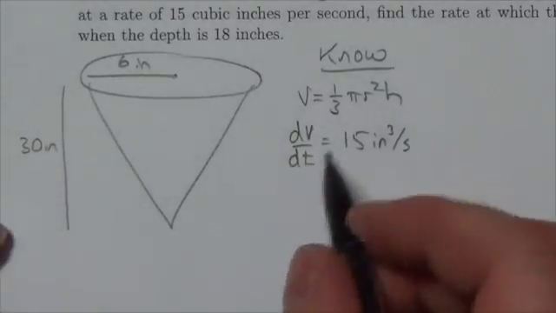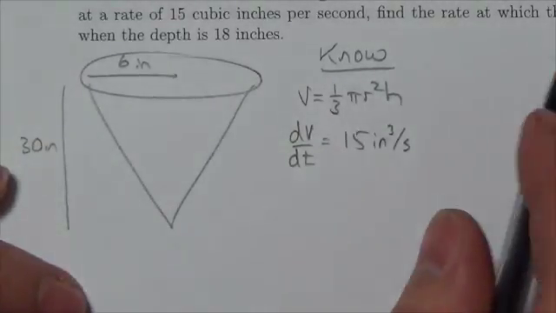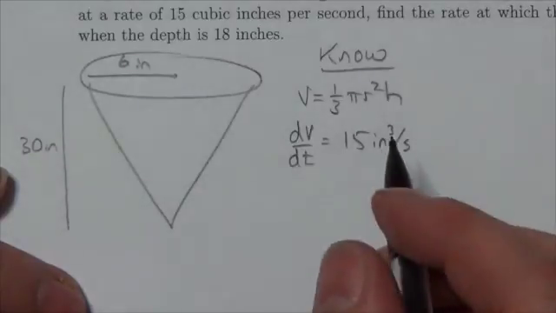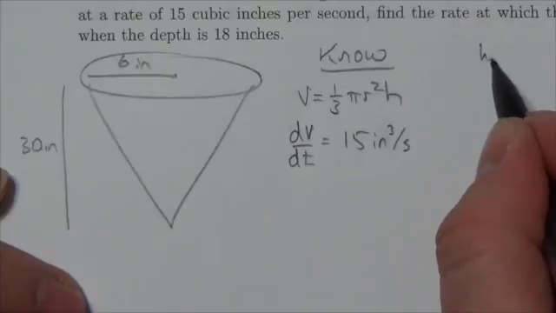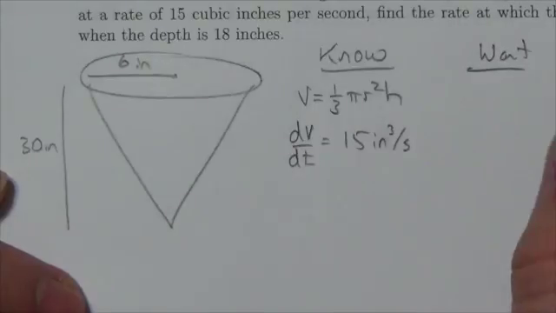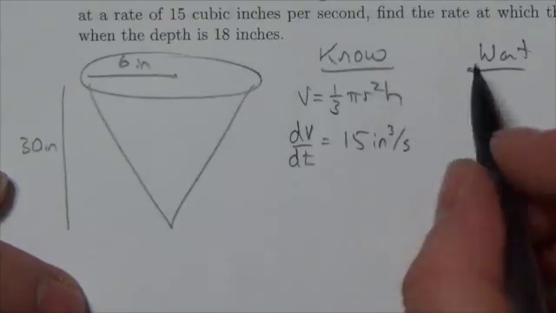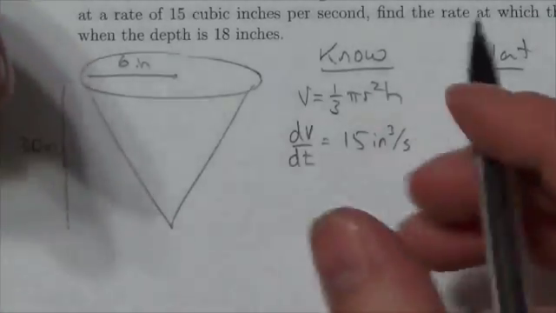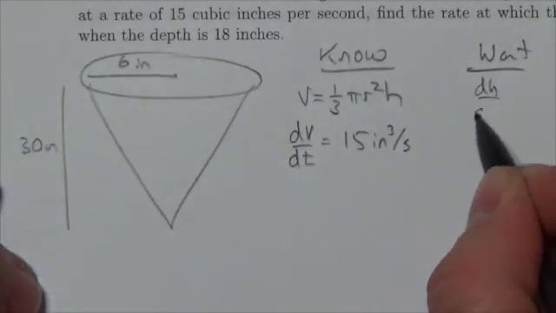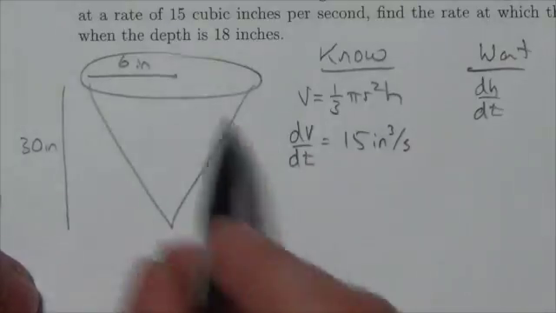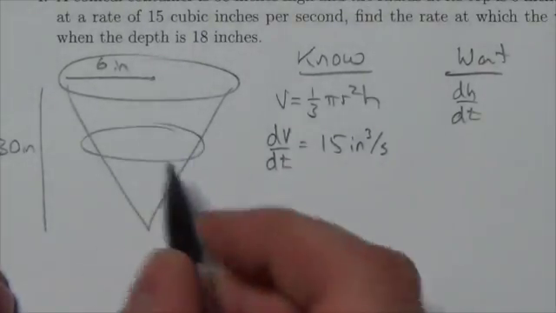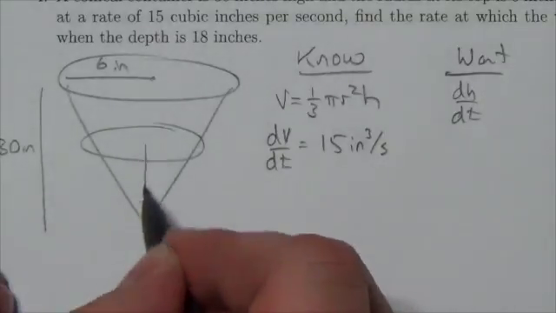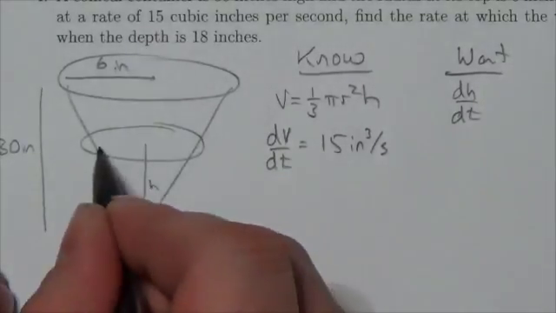Okay, what else do we know? We are given a specific instance here where the water's depth is 18 inches, and what we want over here is how fast the water's depth is changing, which is going to be the height of the cone of water, if you will. The height of the container's not changing, but the height of the water, as we put water in here, will change.